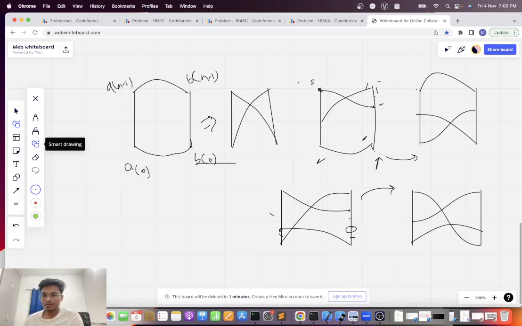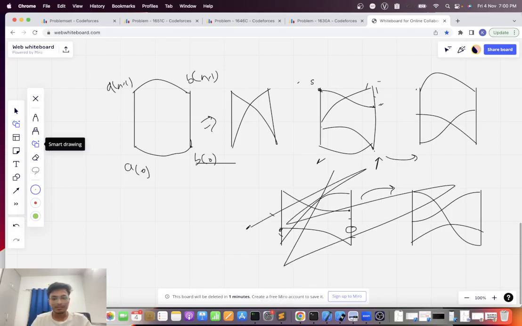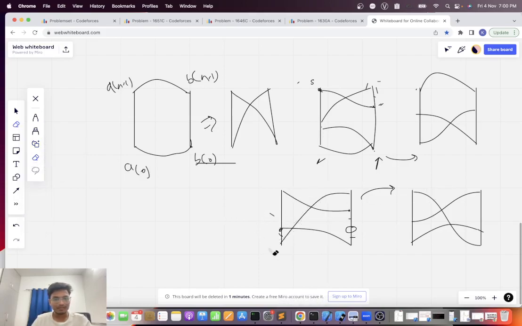So let's code together. We just need to find the minimas. From this position, I need to find where it has the minimum value, that is the minimum of ai minus bj. Okay, here we go.